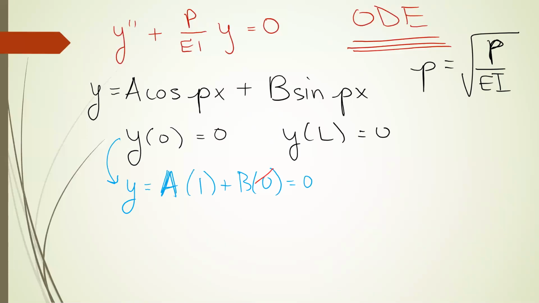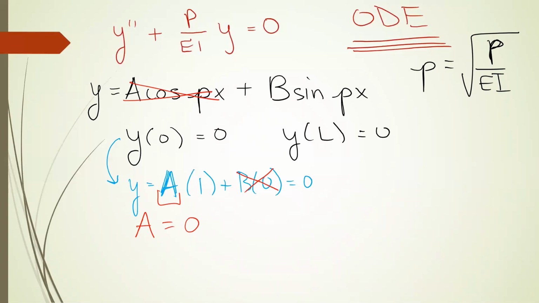Okay, this is gone. So what we find is that A has to equal 0, so this part of our equation does not exist in our solution.